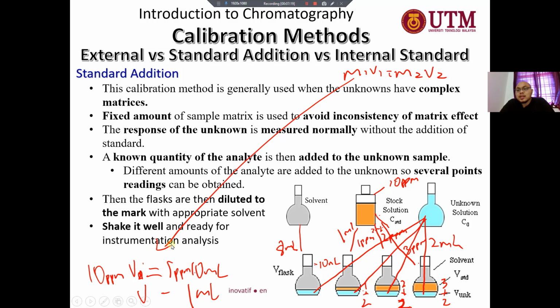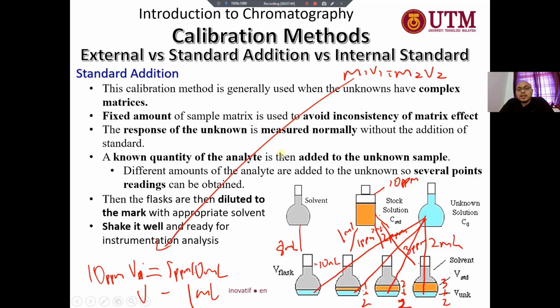Again, the standard addition is used when we encounter a complex matrix that we are not able to remove the interference from. A fixed amount of sample matrix is used to avoid inconsistency of the matrix effect. So we add the unknown solution or the sample at a fixed volume. The response of the unknown is measured normally without the addition of the standard; we just dilute with the solvent.